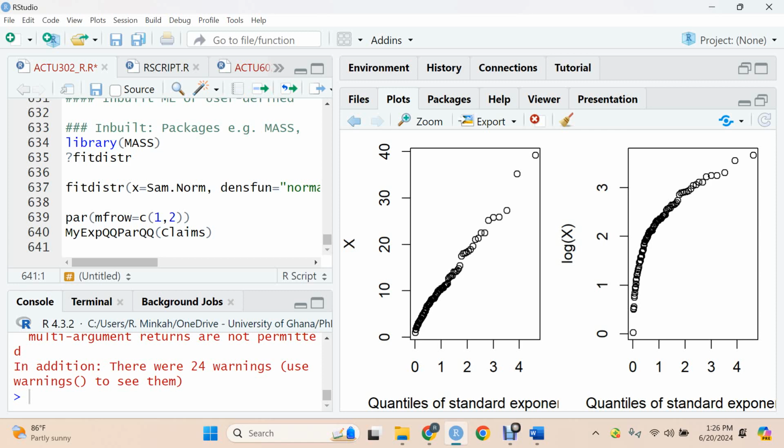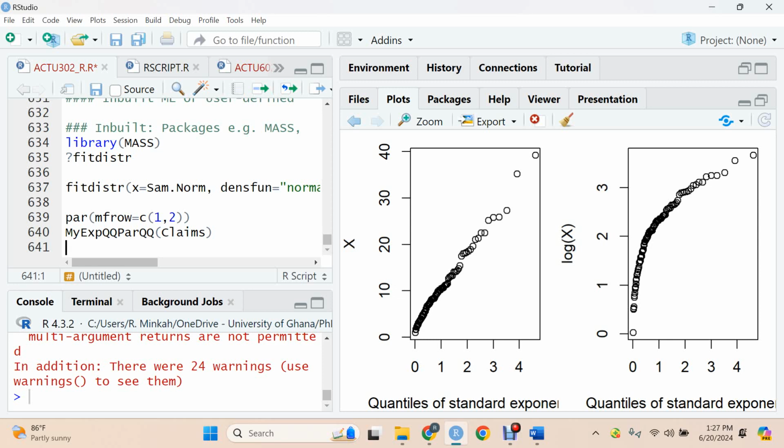Please, that's the exercise I'll let you do tomorrow, just like you did today. By the time you come tomorrow, you should be able to do method of moment and maximum likelihood, like we have done, using the packages, either the fitdistr function in MASS. When you finish, you should be able to use P norm and D norm to compute your density or the CDF. If I compute the density, I should be able to superimpose it on the histogram of the data.